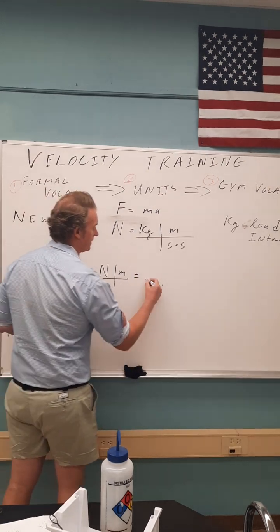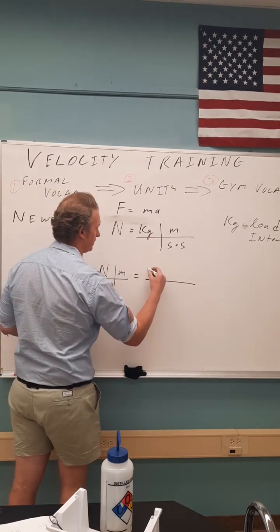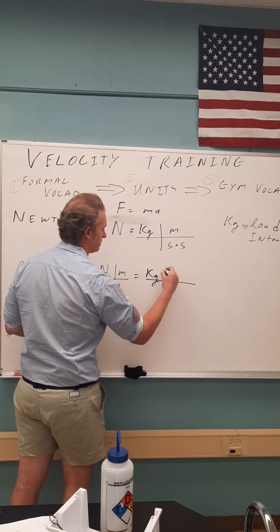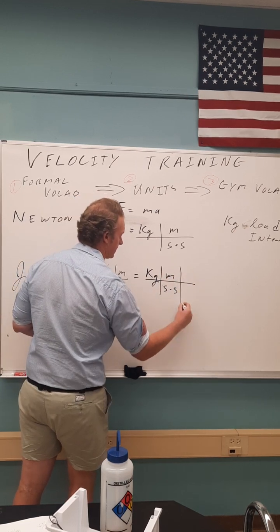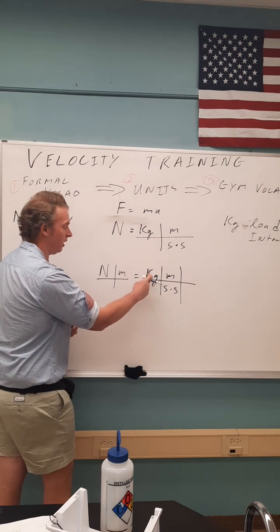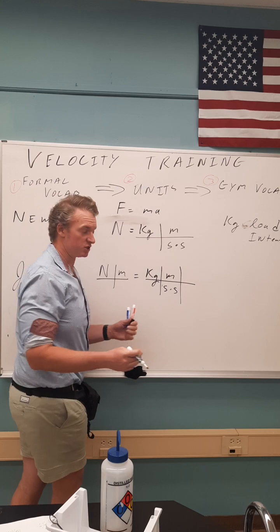On the other side of the equation, a newton is defined as this already, so that's got to be here: kilograms, meters per second per second, times meters. Remember, kilograms is our load on the bar. The acceleration is due to gravity, which we don't really do much with in the gym.